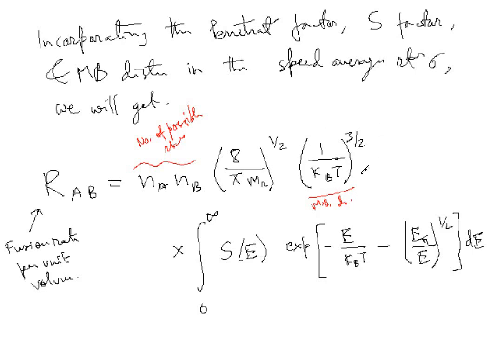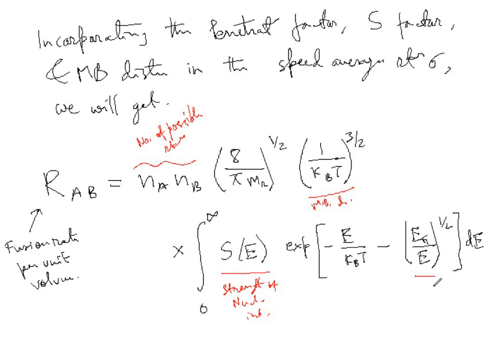And we already know that this S(E), the astrophysical S factor, tells us about the strength of nuclear interactions. Now, what about this term, E_G by E?